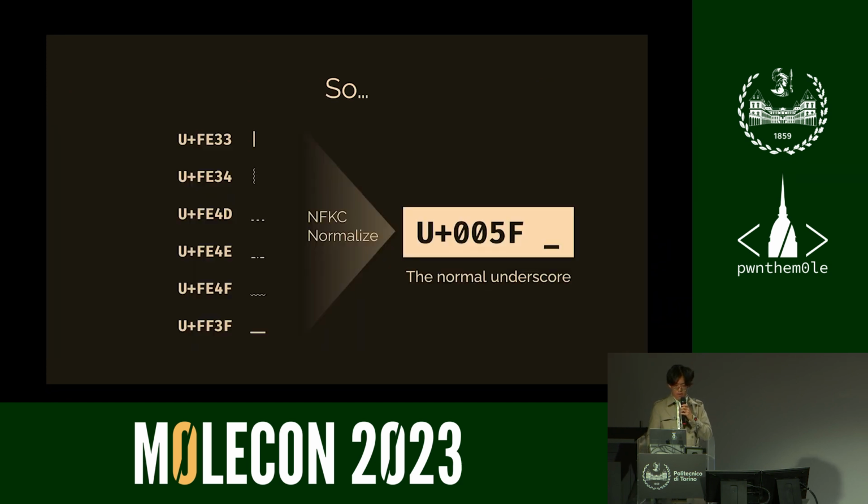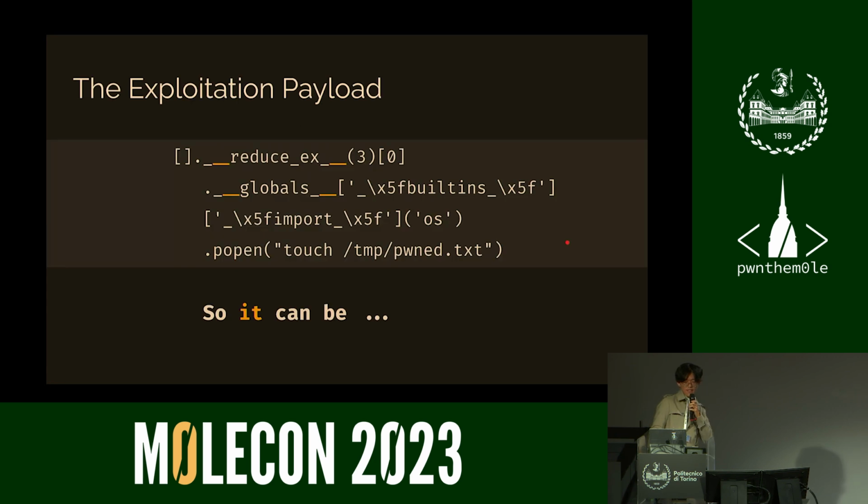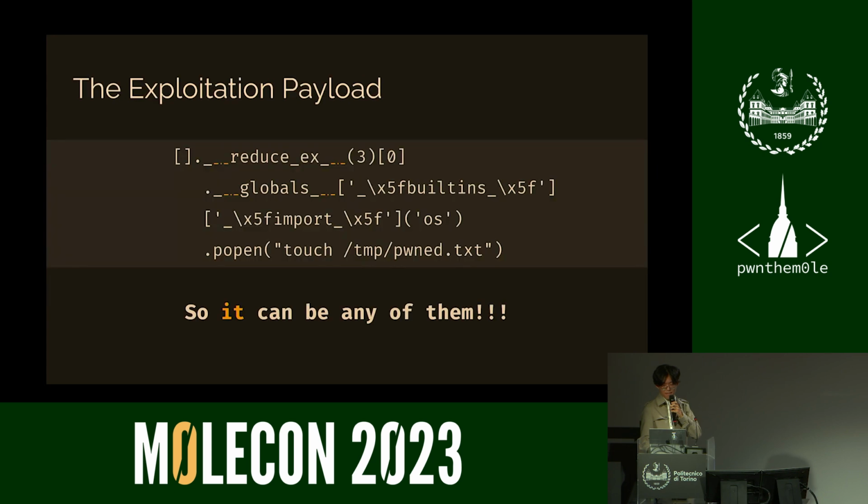With this kind of normalization, all of these six characters will be normalized to a normal underscore. So our payload here can use any of them.